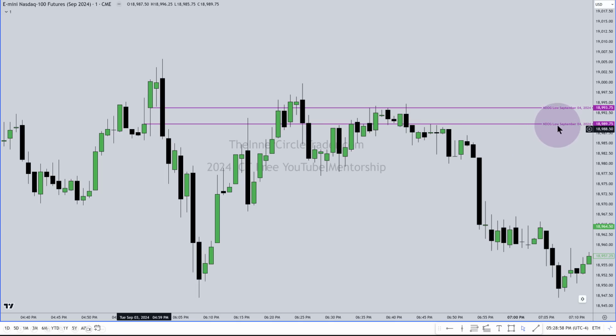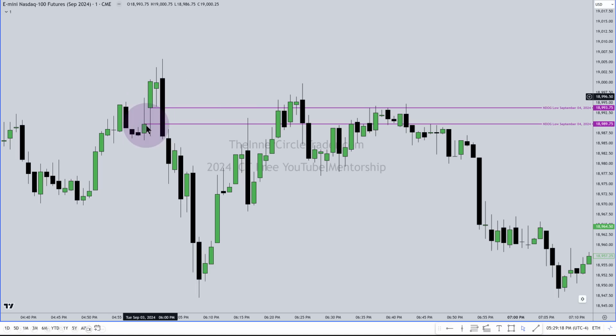New day opening gap low. This is accurate because it's the close of this candlestick here at Tuesday, September 3rd, 2024 at 4:59 p.m. That price right there, that closing price is here. And then the next candle that we're highlighting is the 6 p.m. Tuesday, September 3rd, 2024. The opening of that candle, which is this price here, that is the new day opening gap high for September 4th.